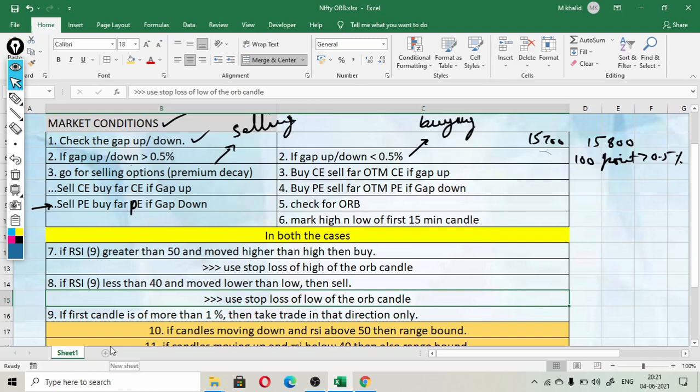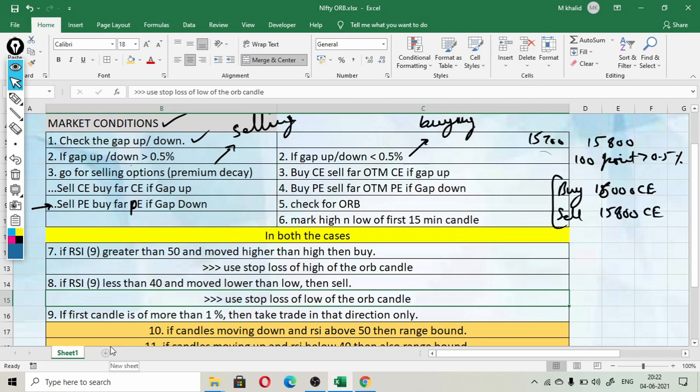So if it has opened like this, you can do one thing. First of all, you buy one lot of 16,000 call, and then you sell the 15,800 call.